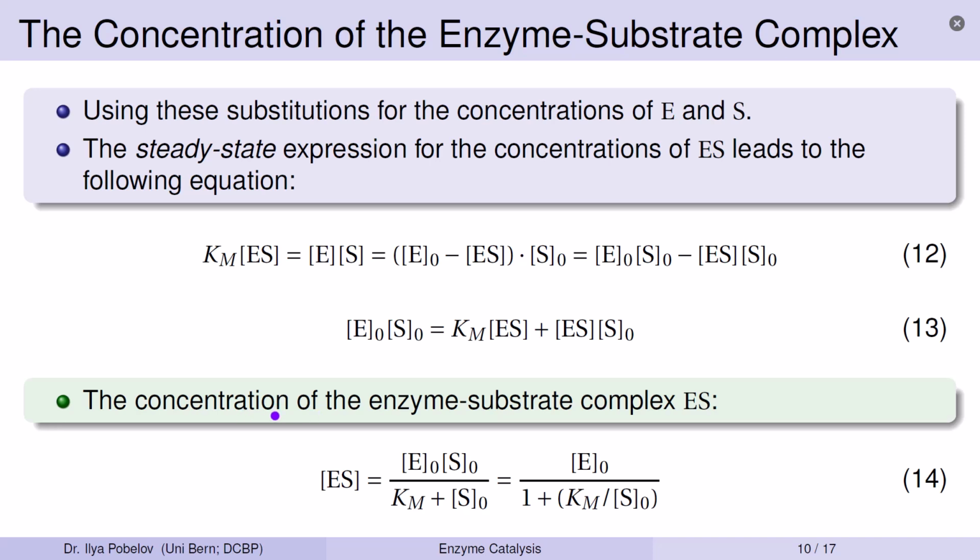Finally, we arrive at the concentration of ES equals the concentration of E0 times the concentration of S0 divided by Km plus the concentration of S0. This also equals the concentration of E0 divided by 1 plus Km over the concentration of S0.